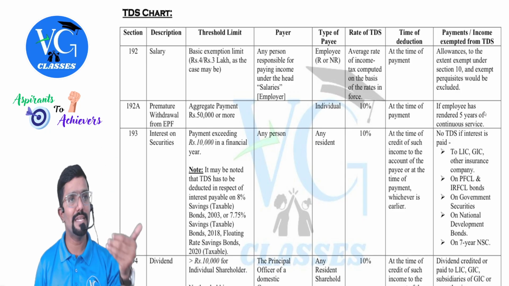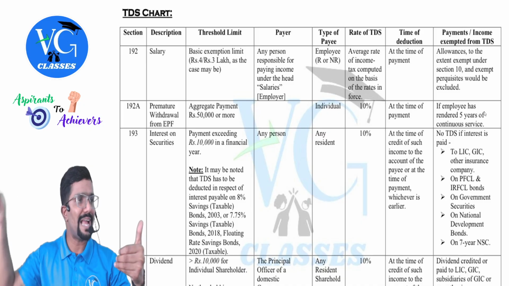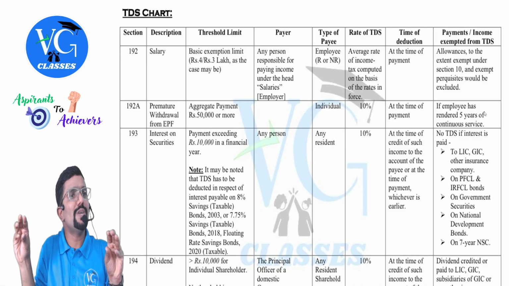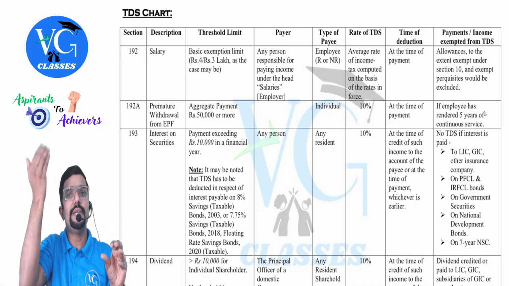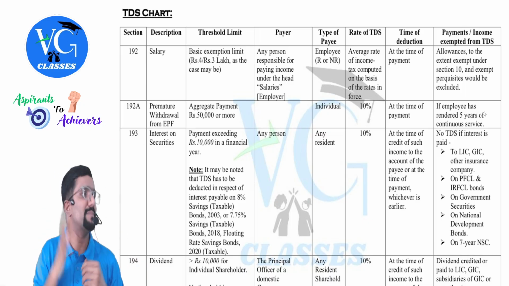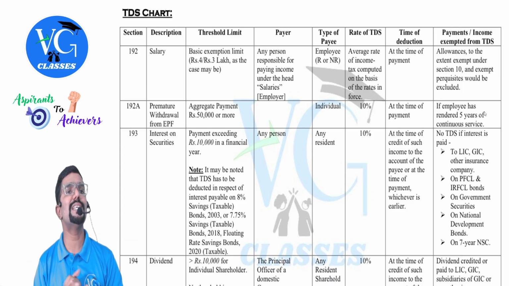So you will compute the income of the employee as per the default or optional scheme, apply the tax rates as applicable, and calculate the tax. Whatever the total tax liability of the employee is, he will divide it by 12 and deduct that every month before paying salary. Clear? Let me assume 1,20,000 is the total tax liability of the employee.